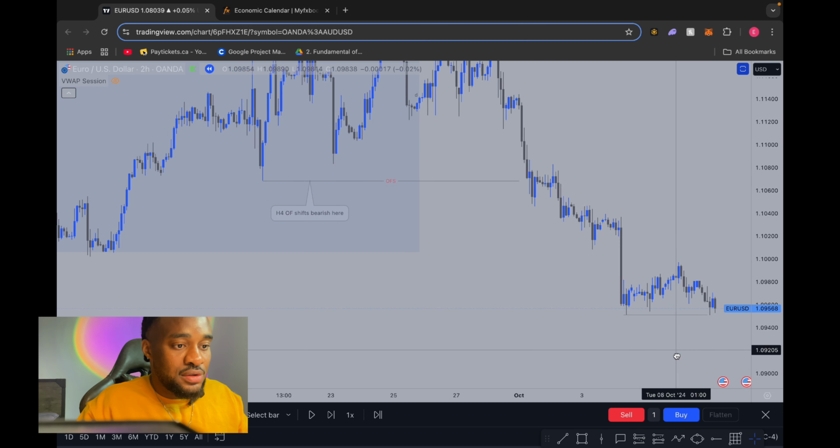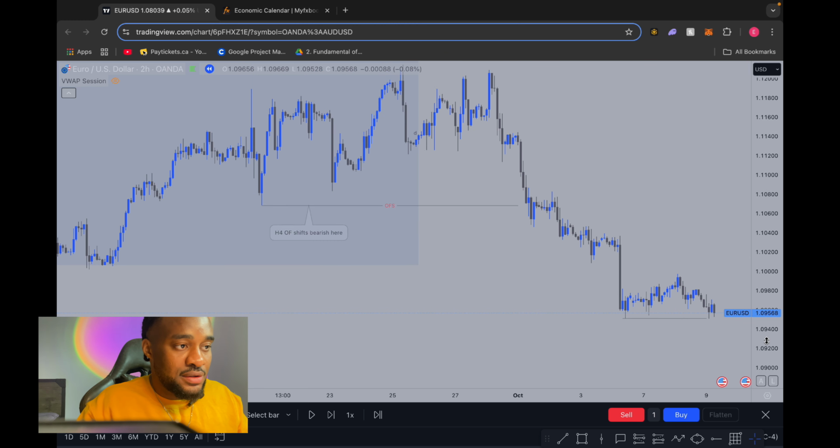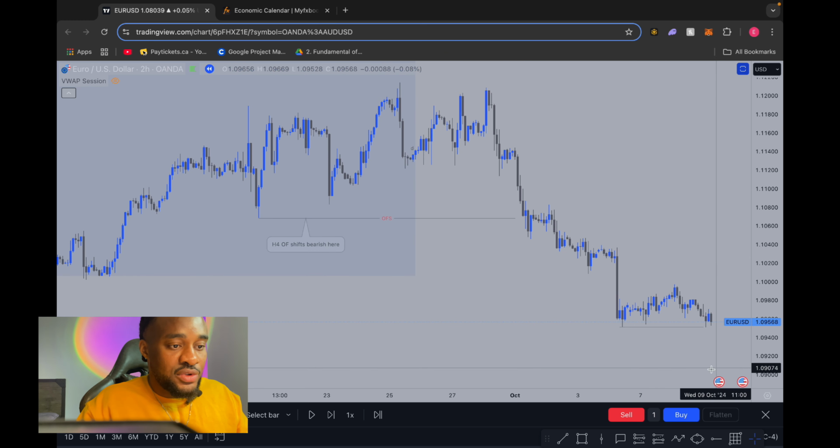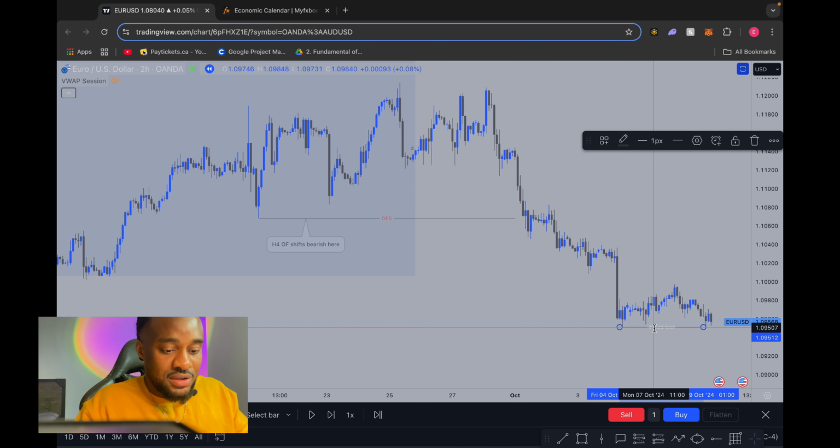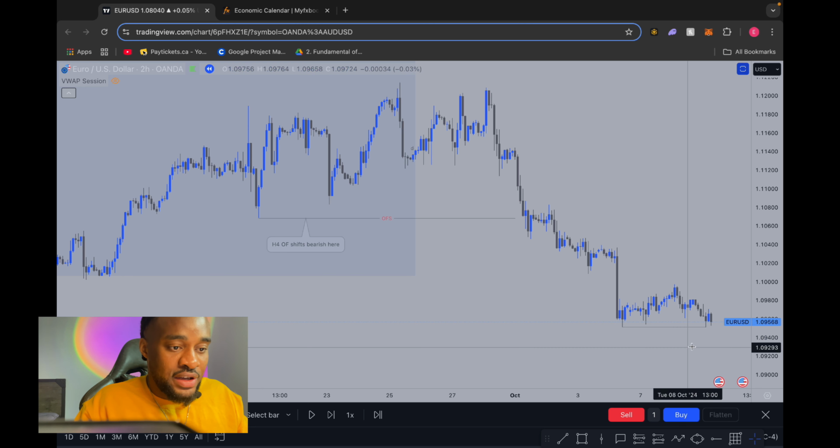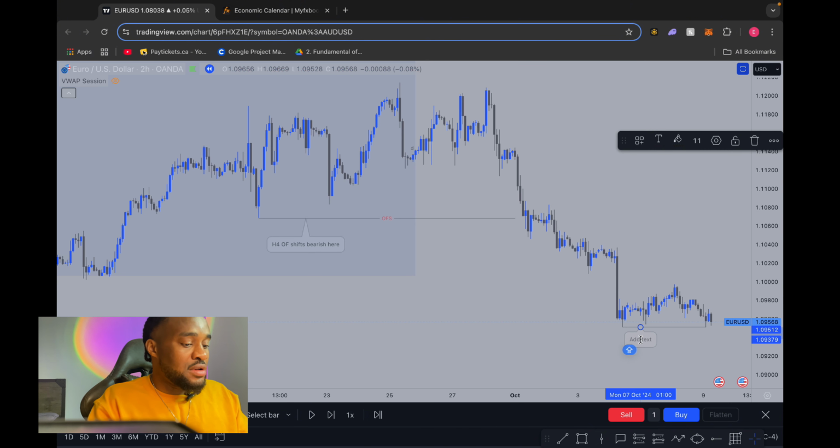Okay, so now we have something like this. It's a weak break, so it's hard to see. Well, I know it broke the structure, so I'm just going to say this is an H4 substructural break.